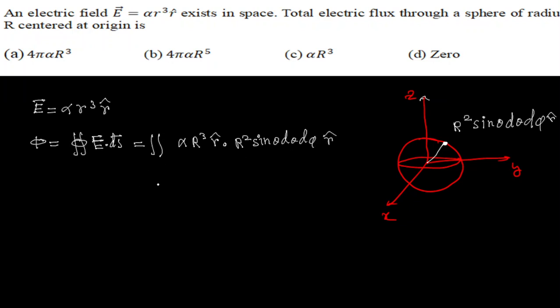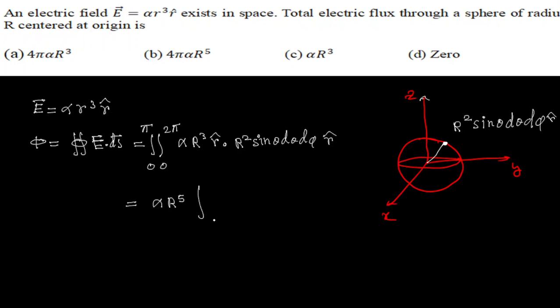Now r cap dot r cap will give you 1. And then the limit of theta, since it's a complete spherical surface, will be 0 to pi, and the limit of phi will be 0 to 2 pi. So after taking the dot product, what you'll get is alpha and R to the power 5. These are constants, you can keep them outside.